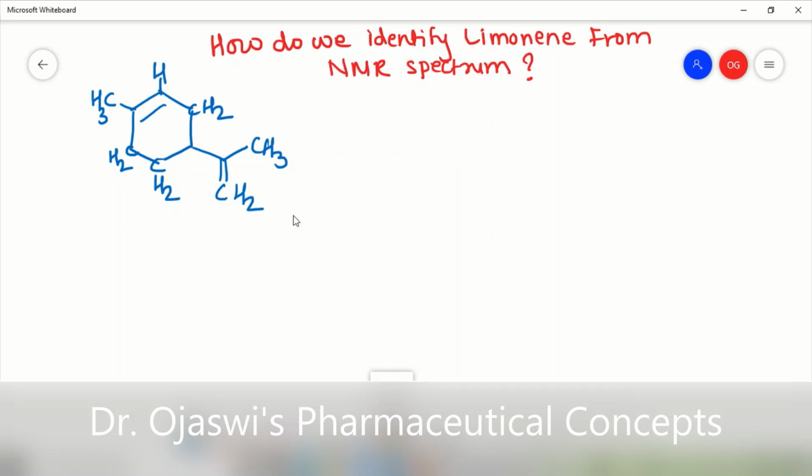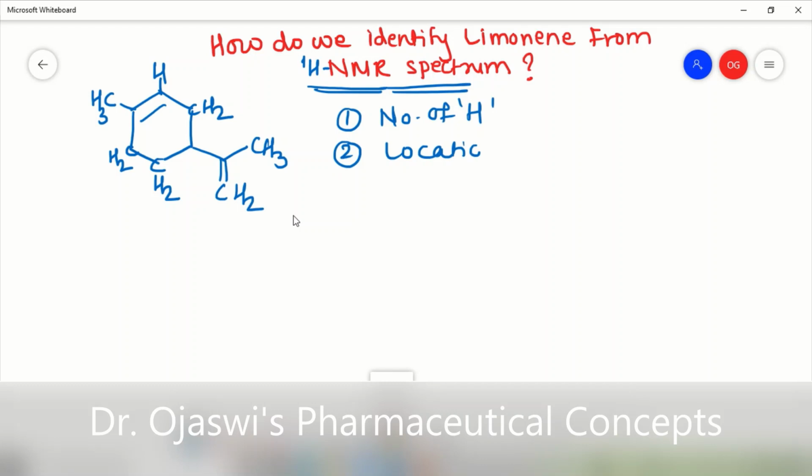Now let us see how the 1H NMR spectrum helps us to identify limonene. The 1H NMR spectrum helps us in identifying the number of hydrogens present in any compound. From the 1H NMR spectrum we also understand the location, that means the position, of these hydrogens.